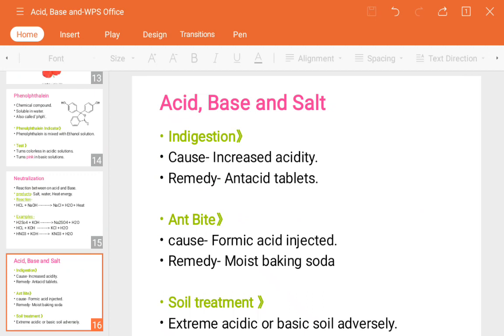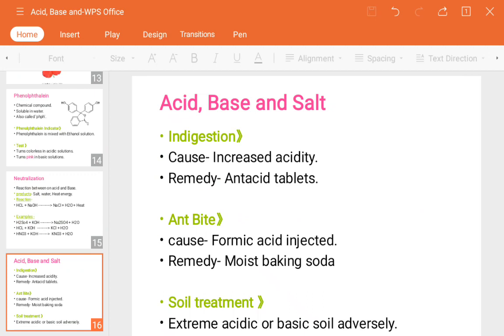Next is soil treatment. Extremely acidic or basic soil adversely affects plants. Whenever the level of organic matter like manure and fertilizers increases in our farm or any field, that will not be good for the crop yield.